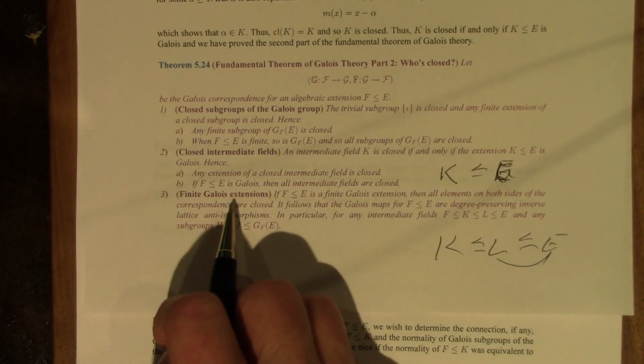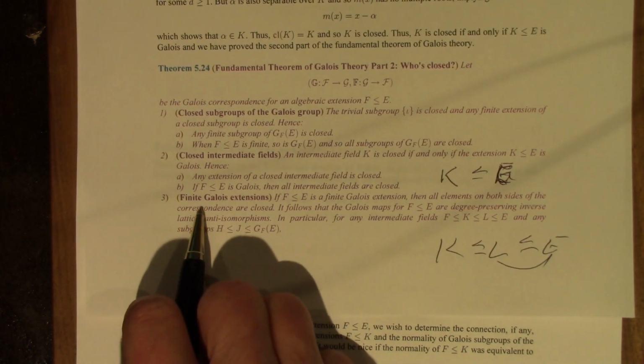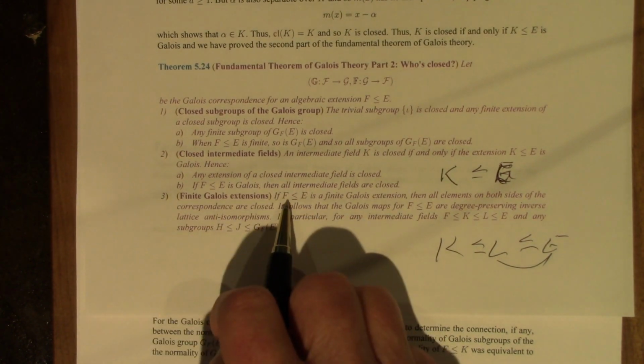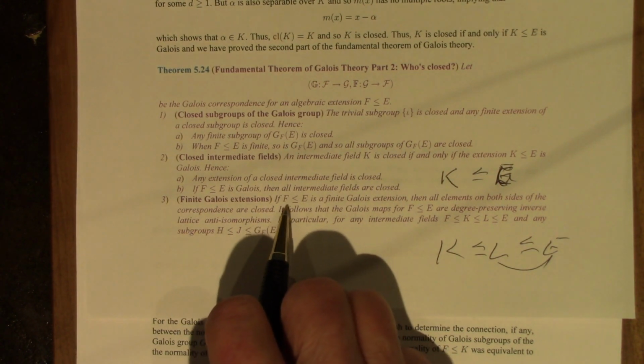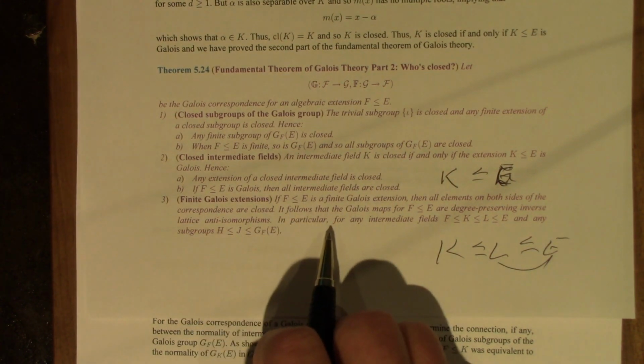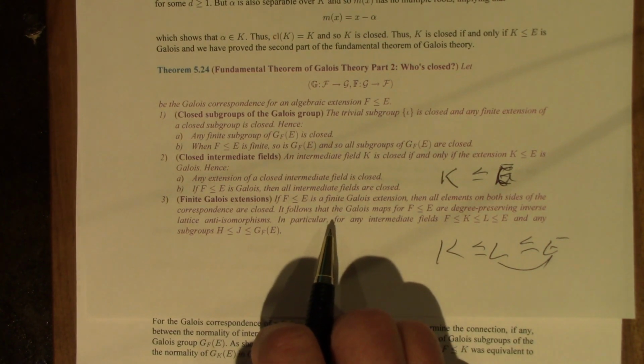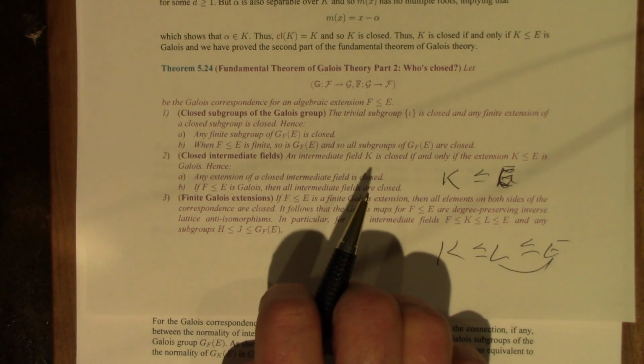So in the case that's most important to us, finite Galois extension, all elements on both sides of the correspondence are closed. So in fact, what I have been calling the restricted Galois maps are just the Galois maps.